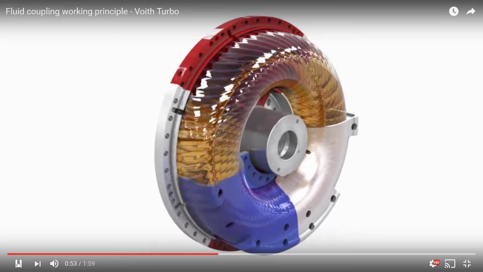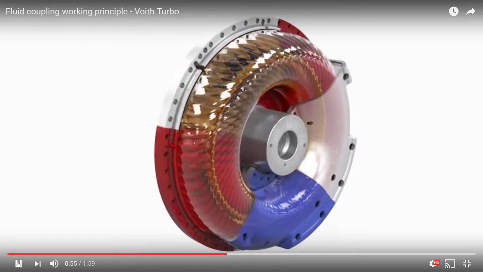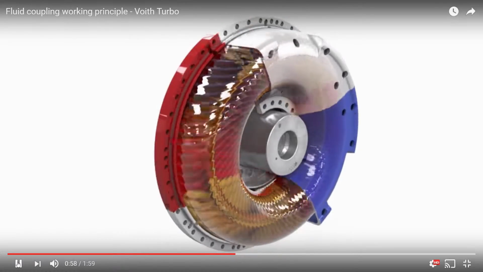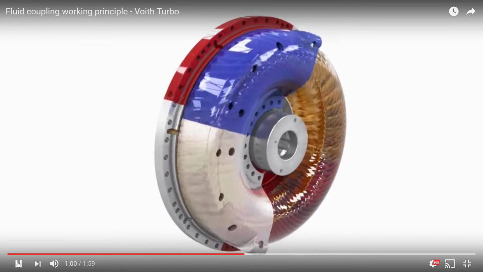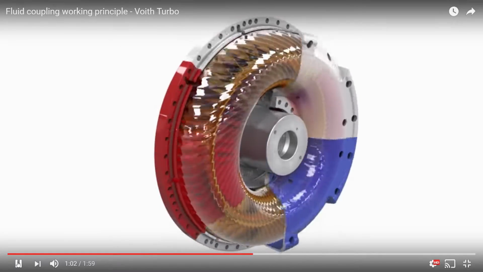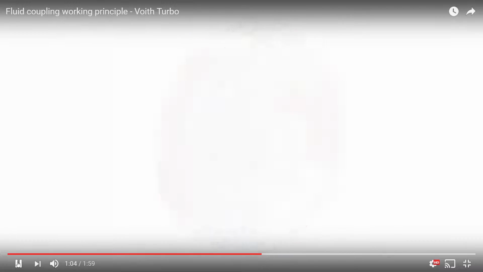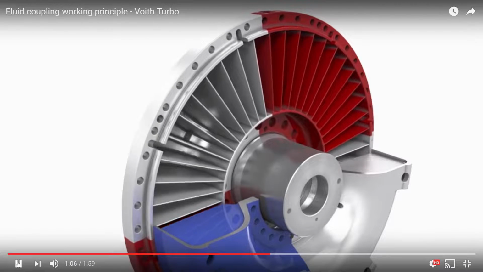There you can see now we have the fluid in there. You can kind of see how it works. So the two rotating pieces in there never actually touch each other. They use the fluid friction to turn itself. So I think that's pretty cool.